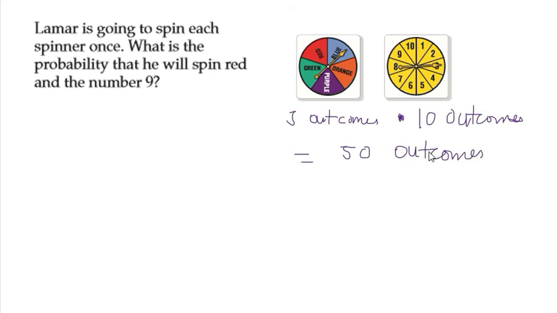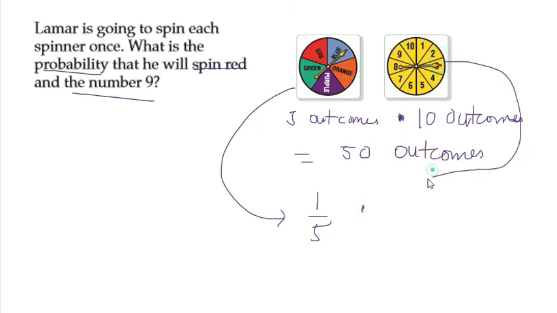Okay, so that you can find the probability of spinning a red and the number 9, all you need to do is to check the probability per spinner. Okay, the probability for the first spinner to get a red is 1 out of 5, correct? Okay. Next, what is the probability of getting the number 9 from the next spinner?